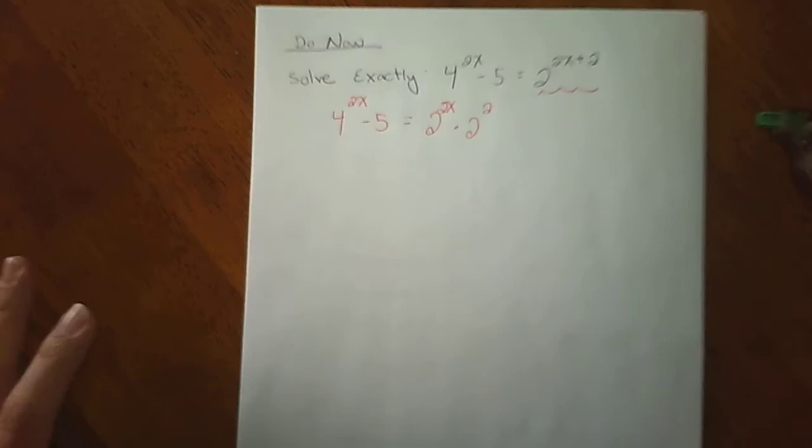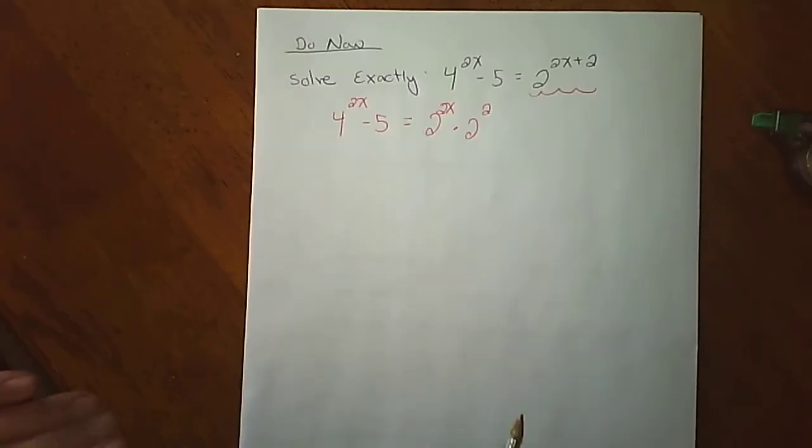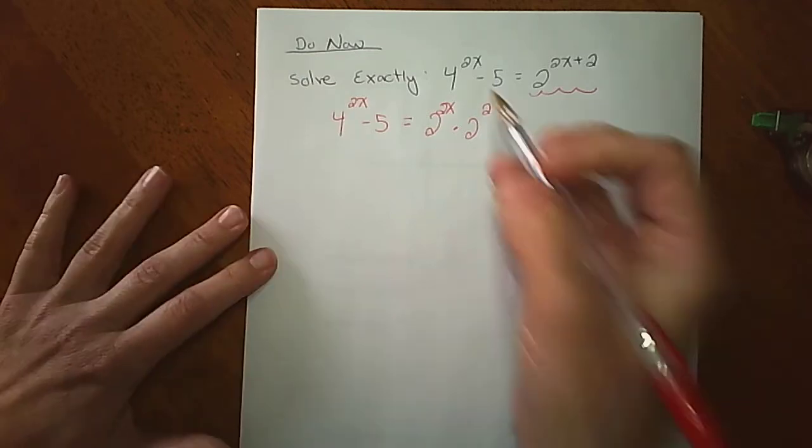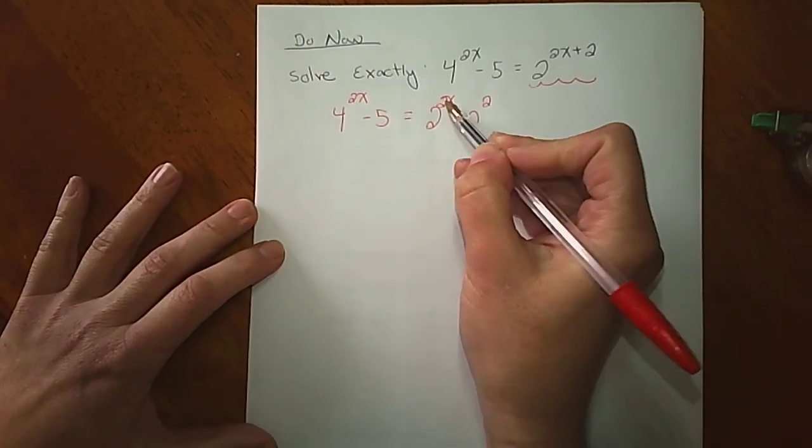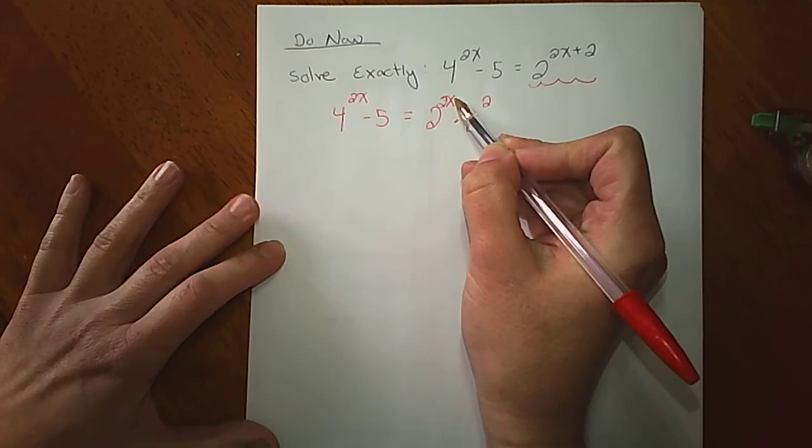So if you didn't know how to start it and you got here, see if you can pause me and see if you know what to do next. Okay, so let's see if you knew what we have to do. There's two options here. This is 2 squared to the x.